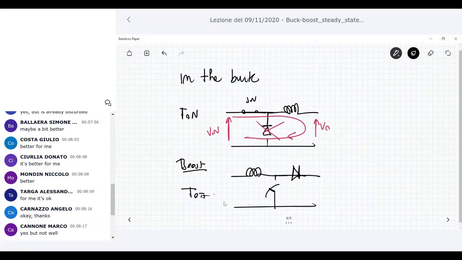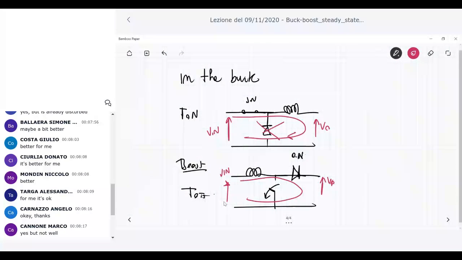So this is open, this is on. And then again, you have a connection between the input side and the output side. So in the buck and the boost, there is a time interval in which you have a connection between the input side and the output port of the converter.